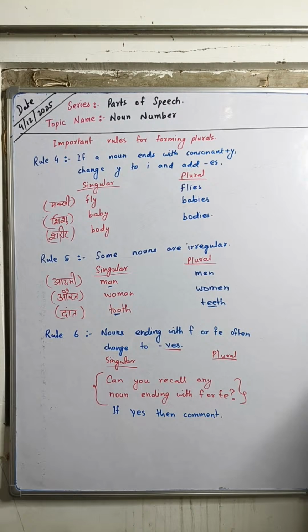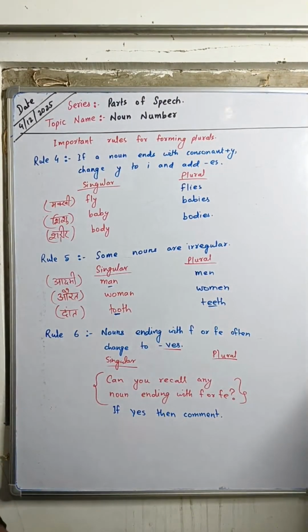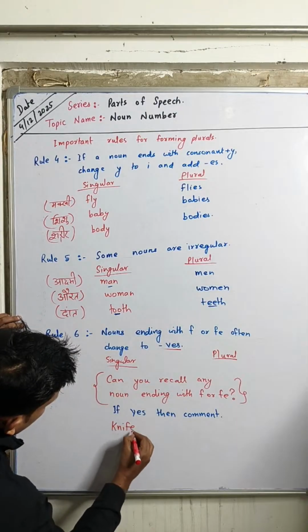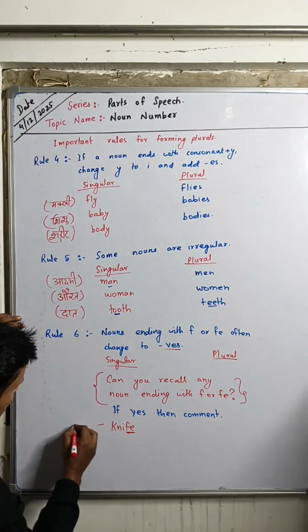Very good. Knife. Yes, knife ends with FE, right? So the first comment has come: KNIFE. So this noun ends with FE. What does knife mean? Chaku, right?